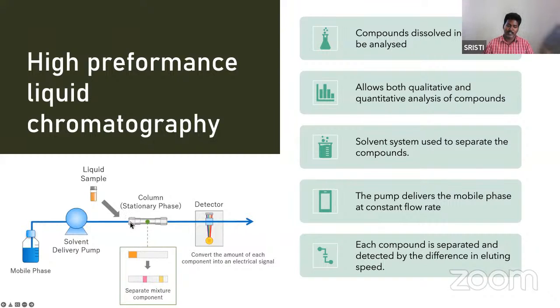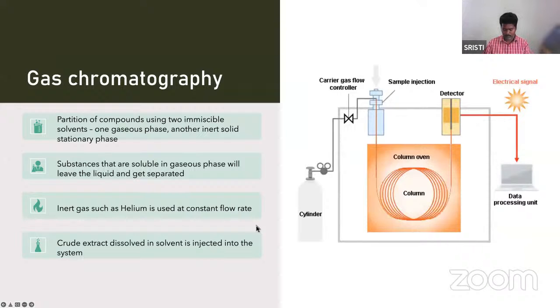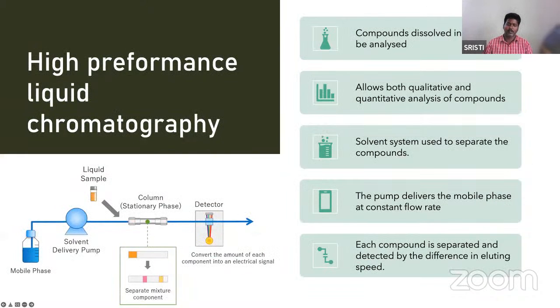When the sample reaches the stationary phase, the column, which is again a material like silica gel or aluminum or Sephadex or Sepharose, the affinity of the molecule towards the column and the solubility of the compound in the solvent system determine the separation and purification of your compounds. The low affinity molecules and the molecules that are readily soluble in the solvent system are first eluted and detected in the system.